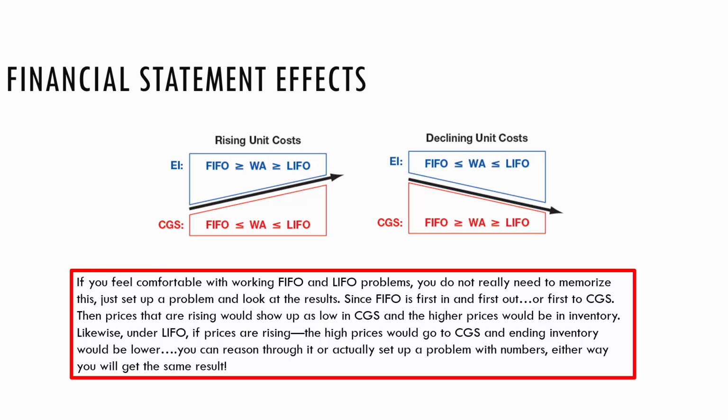You really don't have to memorize any of this. You just have to put it in a problem. As long as you can remember, it's first in, first out. FIFO means the old stuff is going to go out and become cost of goods sold. And LIFO means the new stuff becomes cost of goods sold. You should be able to work through this with no difficulties.